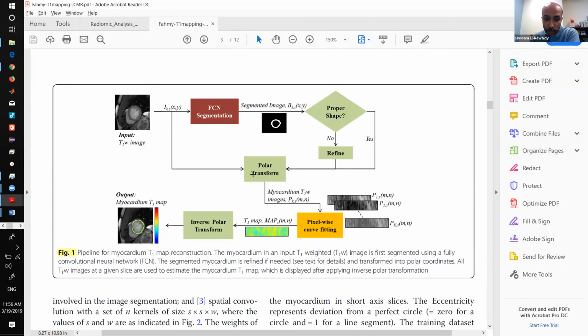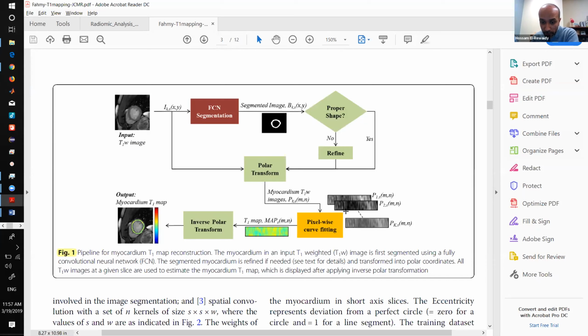So after we do this polar transformation for all T1 weighted images for a given slice for this patient, for the image acquisition sequence that we use, we have 11 of these T1 weighted images.